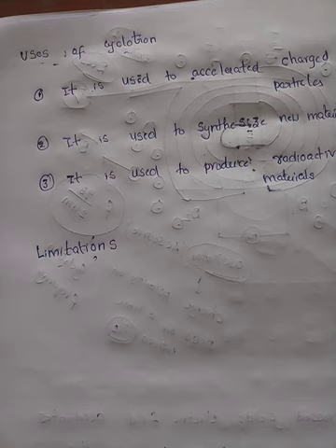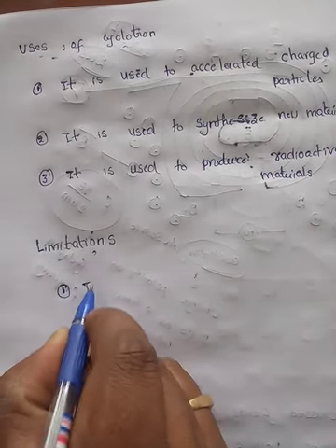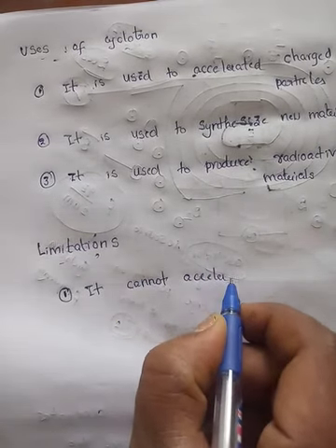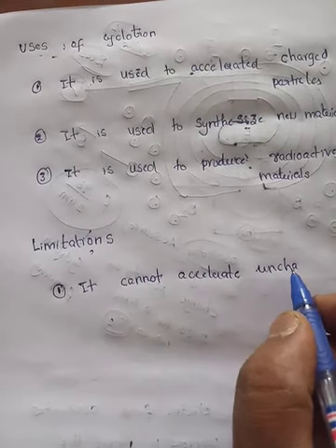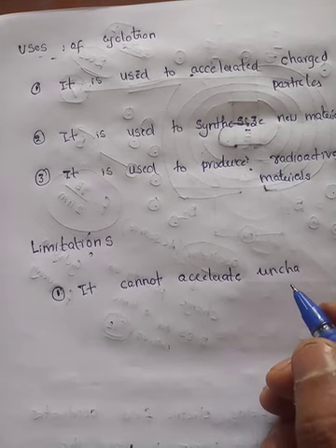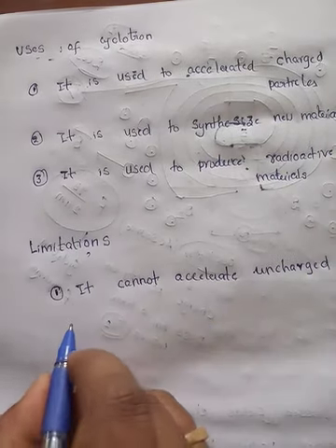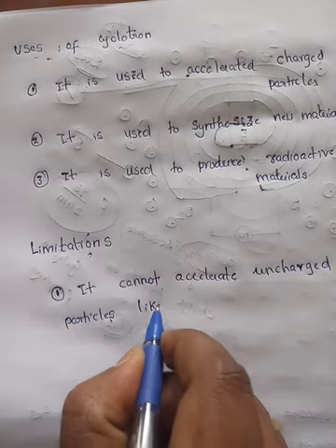So if we accelerate an electron, a small increase in energy makes the electron move with high speed, so the electron quickly goes out of phase with the oscillating electric field. So the first thing is: it cannot accelerate uncharged particles like neutrons.